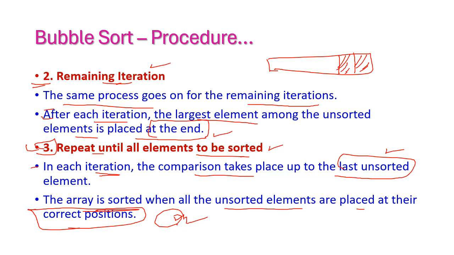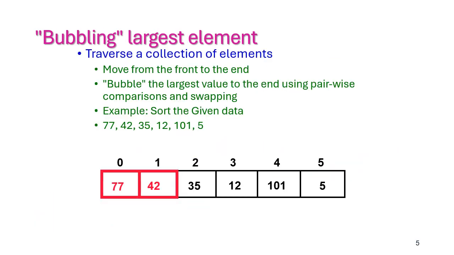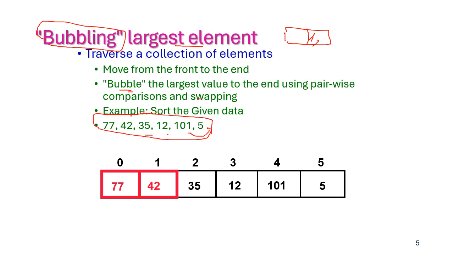Let us see one example for this. So the bubble sort is bubbling the largest element to its right position. That is, whichever is the largest item in the given data set, that item will be located in its right position. So this is called bubble sort. Let us take this example: 77, 42, 35, 12, 101 and 5.